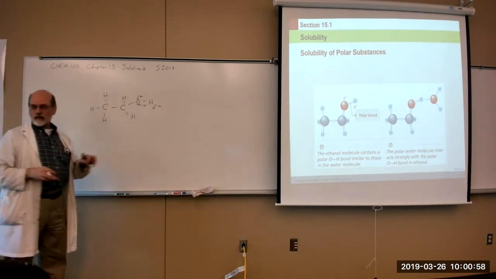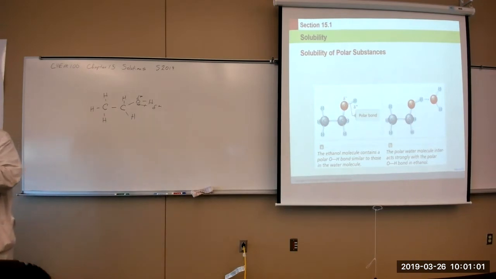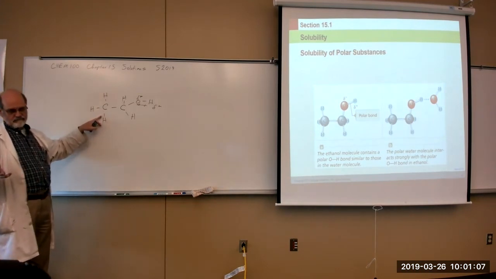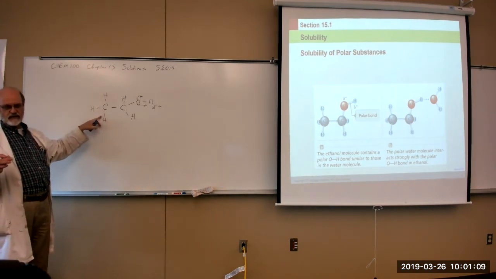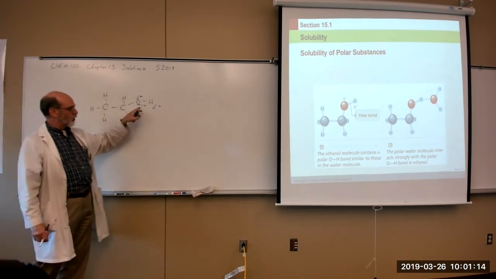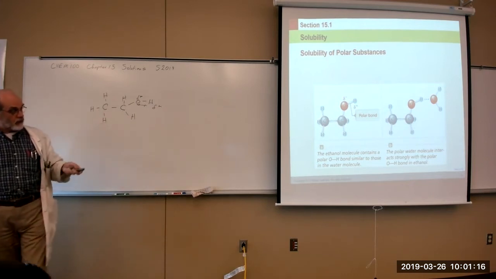Carbon and hydrogen don't have significantly different electronegativity. So these bonds might have a slight redistribution, but not enough to make it a polar bond. This is the only polar bond in that molecule, and that's the one that water attacks.